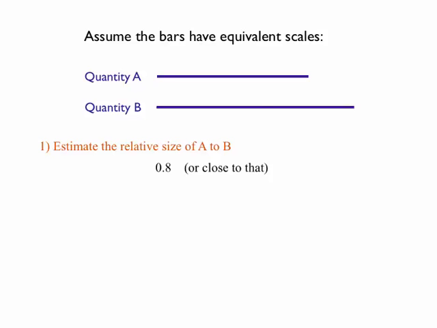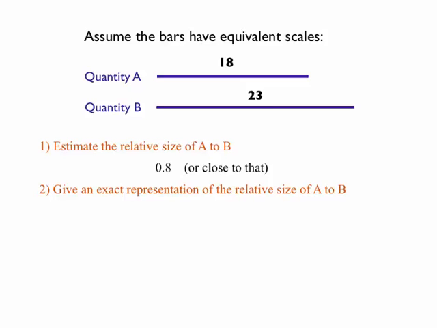Okay, so now I'm going to tell you that this is actually 18 and 23, so now I want an exact representation. Can you represent exactly what the relative size of A is to B? Tell your neighbor. Go. So what do we do mathematically to get relative size?